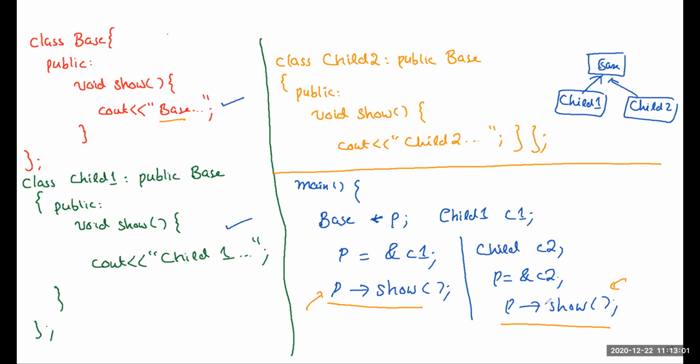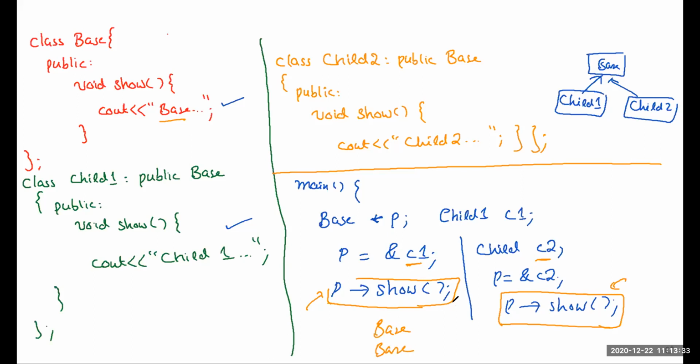Why is it happening like that? Because in this case your program is not looking at the address which is in P. It is simply looking at the data type of P. Since P is a pointer to base, whether P has the address of C1 or C2, in both of these cases, this statement which I am highlighting, P arrow show, gives you the same output, which is base. So if you run this program, you will see base on the screen.